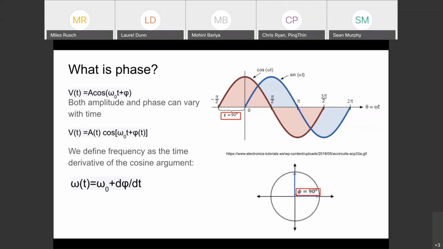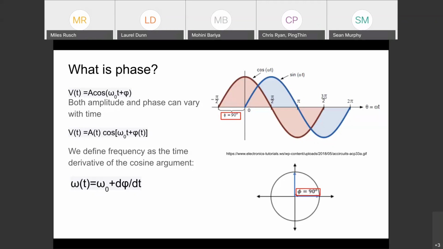And we can visualize that in the phasor diagram in the bottom picture.